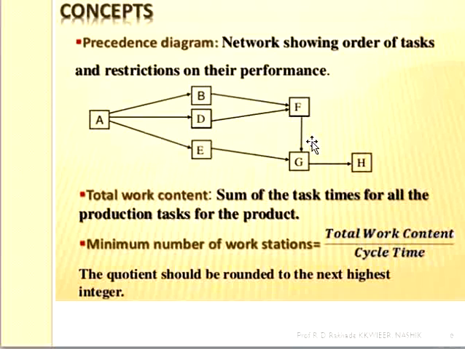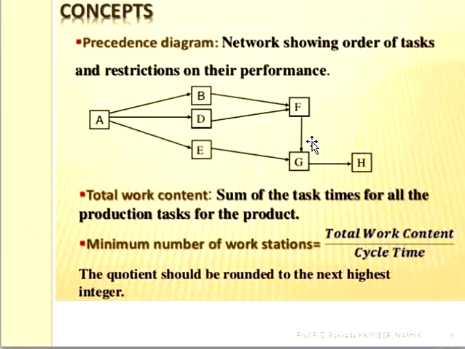This diagram represents preceding activities and successor activities, and the time required, and what effect there is on successor activities or total cycle time if any one activity is hampered. Then total work content is the sum of the task times for all the production tasks for the product, meaning the total time required from beginning to end to complete that product.